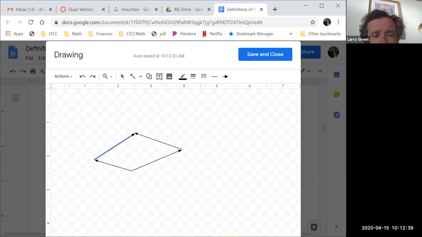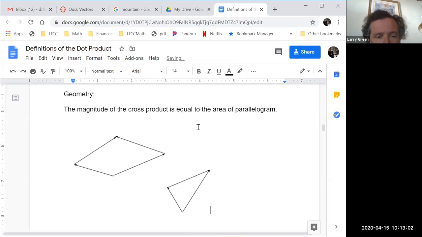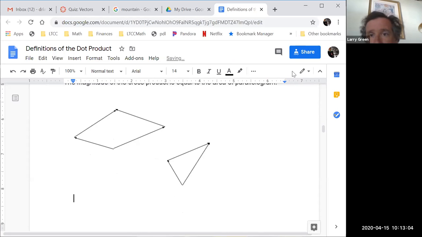Just a note, what if we wanted, instead of that, we don't want the parallelogram, what if we wanted a triangle? How do you find the area of a triangle using the cross product?